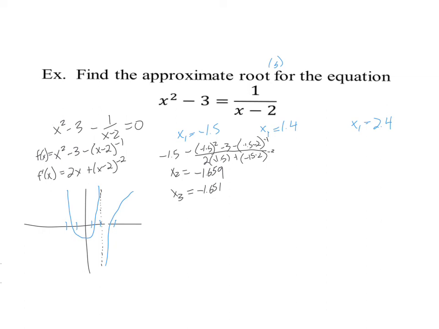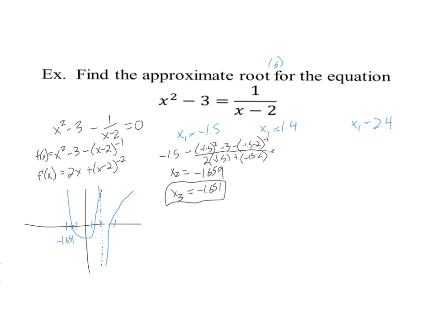We're probably close enough at that point. And we get the exact same answer. So it's negative 1.65109. If we round it off to 3 decimal places, we're good at that third approximation. So that takes care of the first one. This first one, we can see, is negative 1.651.